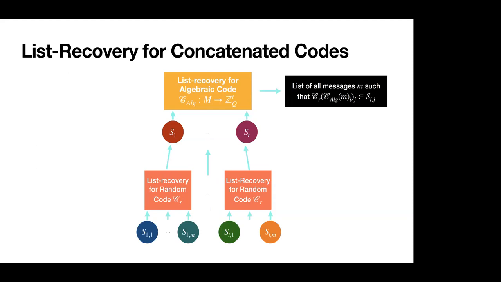You specify your sets S11 through S1M, apply list recovery to get some set S1, then apply this for all your T many random code recoveries, and then finally apply the list recovery for the algebraic code. This gives you the set of all messages for which the codeword's ijth component sits in the corresponding set.